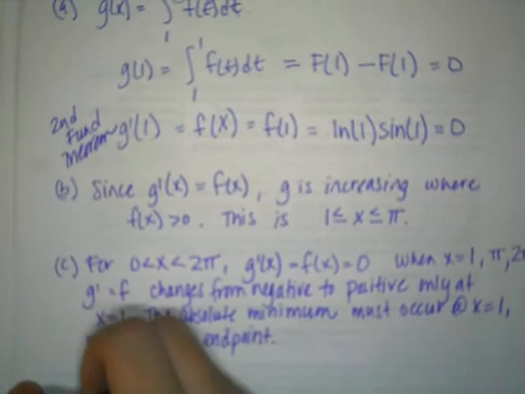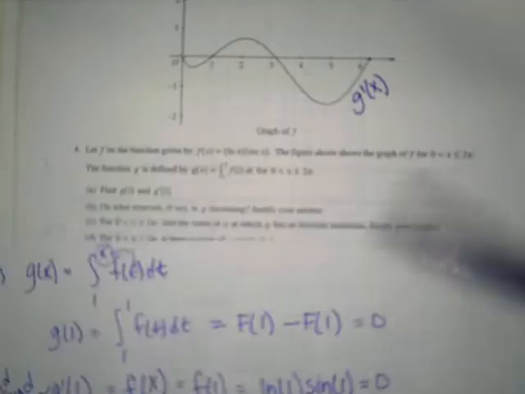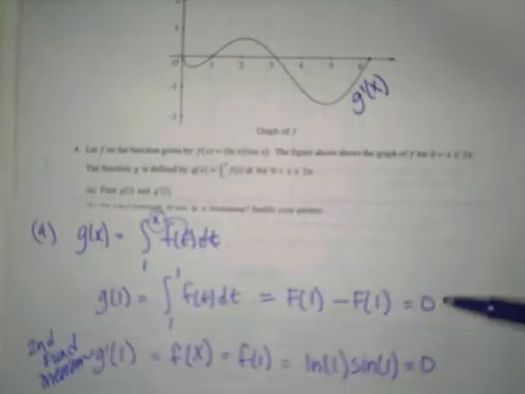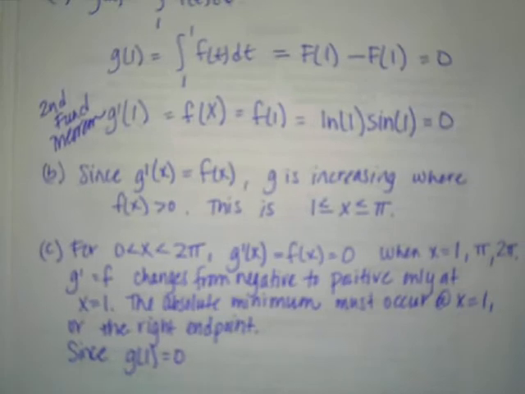Now to figure out what the right endpoint is. Since g of 1 equals 0, that's something we found at the very beginning. Sorry, I'm looking at my other notes here.